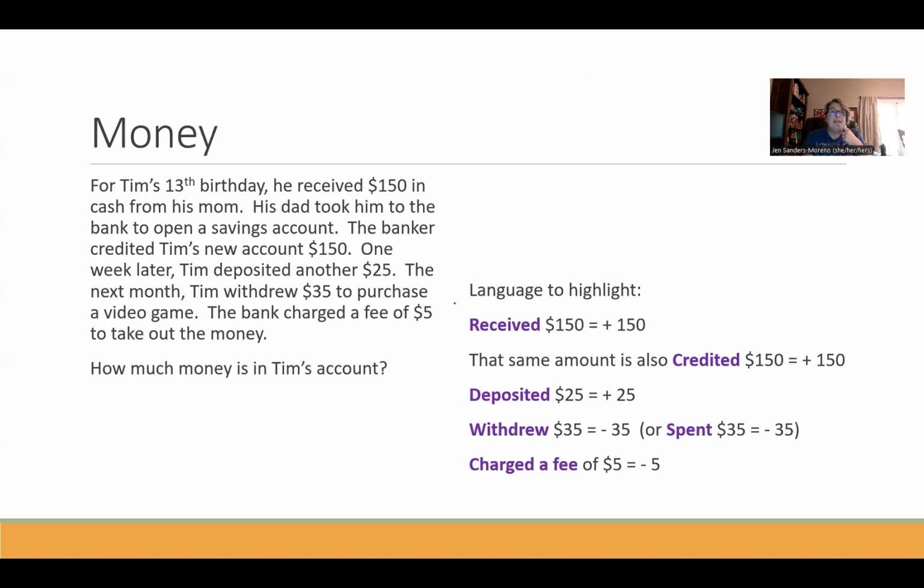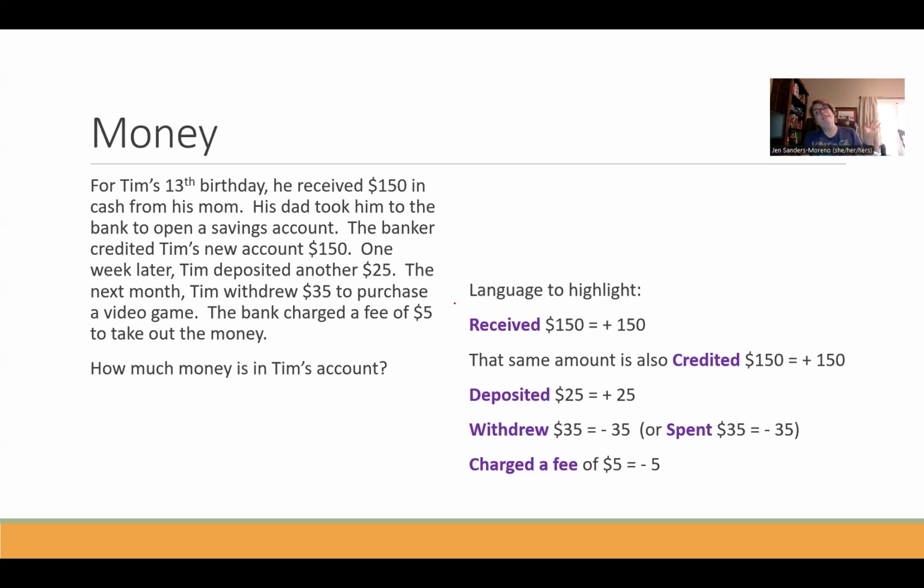The banker credited Tim's new account $150. One week later, Tim deposited another $25. The next month, Tim withdrew $35 to purchase a video game. He charged a fee of $5 to take out the money. How much money is in Tim's account?